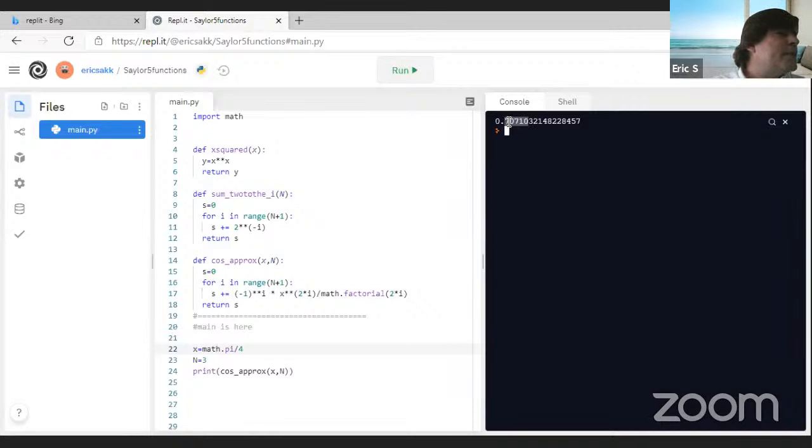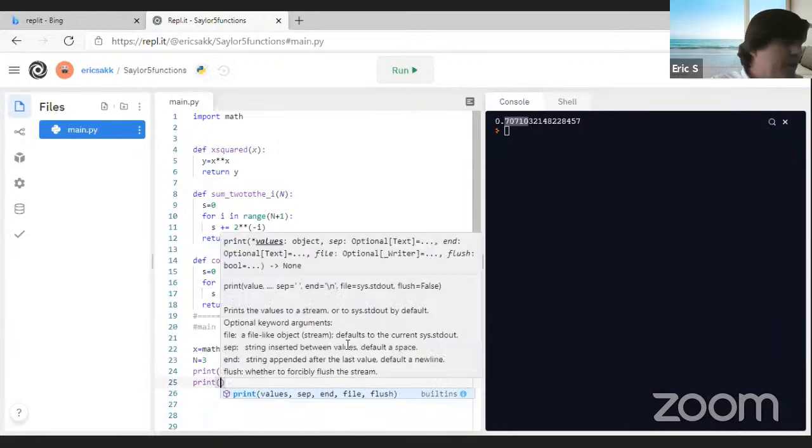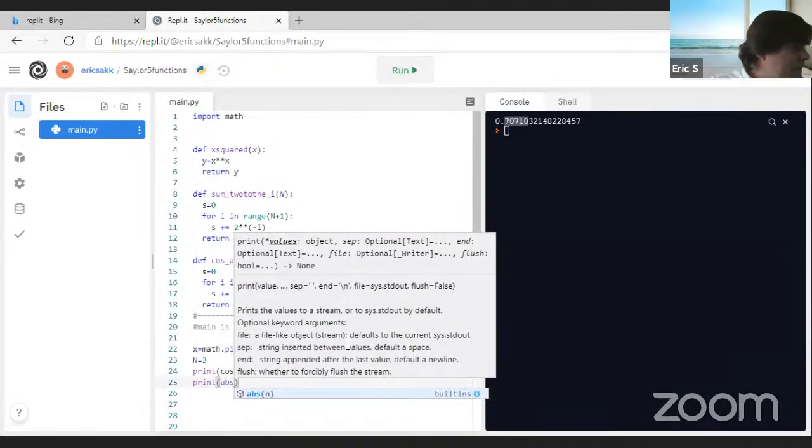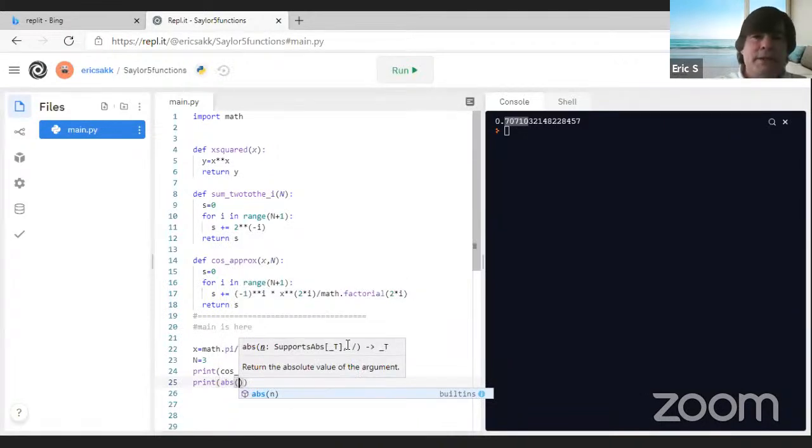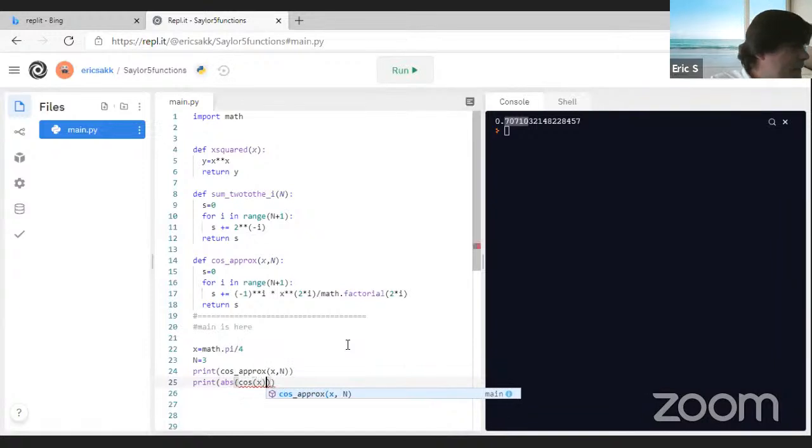So it looks like this is approximating potentially the cosine of an angle. Now watch this though. This is the most important thing: if we really wanted to know if we were approximating it, you'd want to compare. There's an abs function built into Python, which is the absolute value. The cosine of x minus, watch this in slow motion now, the cosine of x minus our approximation. We want to see if we have a good approximation going on.